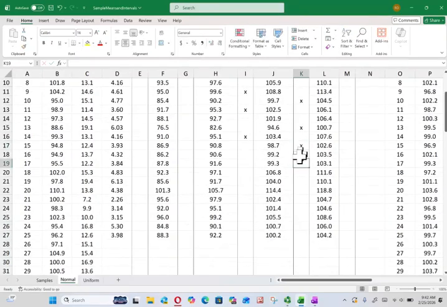Next one, I got 1, 2, 3, all in there. Next one, this one is in the middle again.